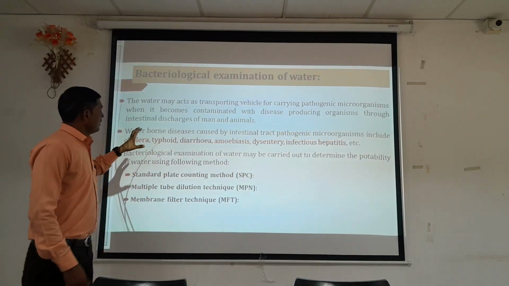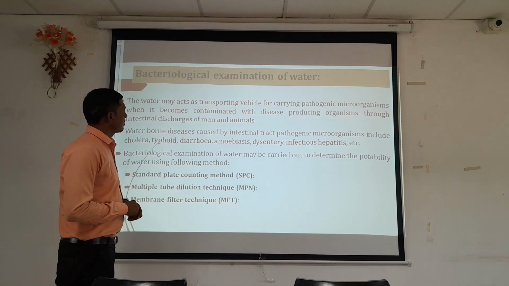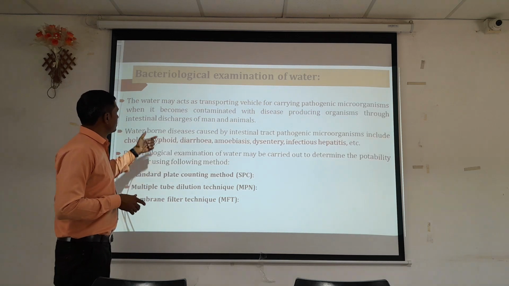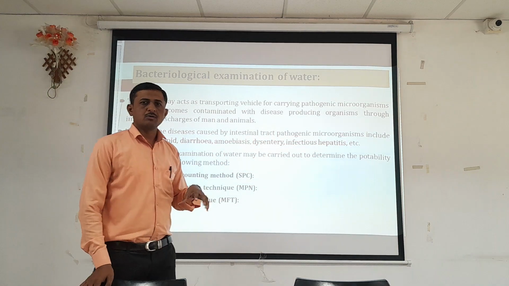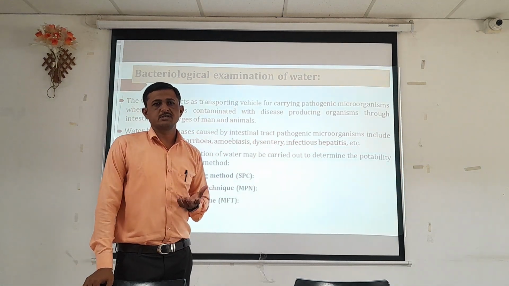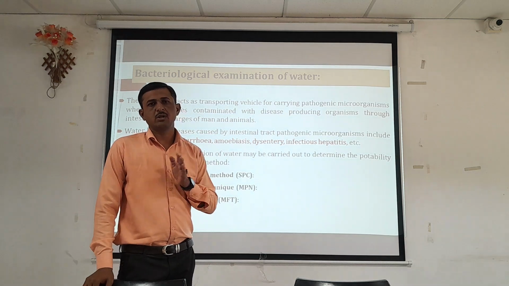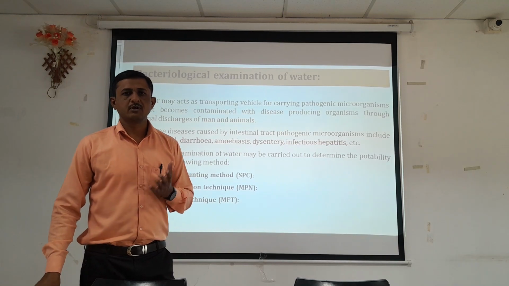Water may act as a transporting vehicle for carrying pathogenic microorganisms when it becomes contaminated with disease-producing organisms through intestinal discharge of man and animals. Throughout this unit, we have discussed these microorganisms, which originate from the intestine of man or animal, and that's why we call them fecal coliform.